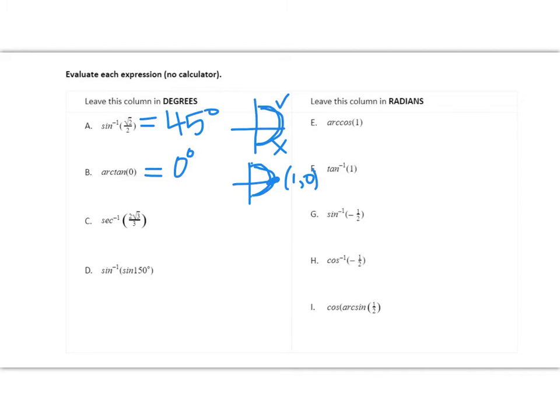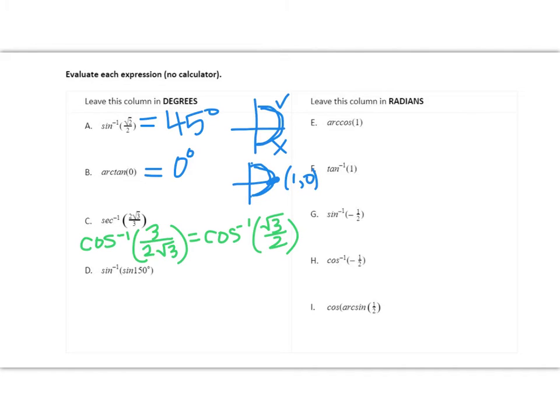So instead of asking ourselves what secant inverse of 2 root 3 over 3 is, I can restate the problem as cosine inverse of the reciprocal, since secant and cosine are reciprocals of one another. Now, if you rationalize and simplify, you will get to cosine inverse of root 3 over 2.